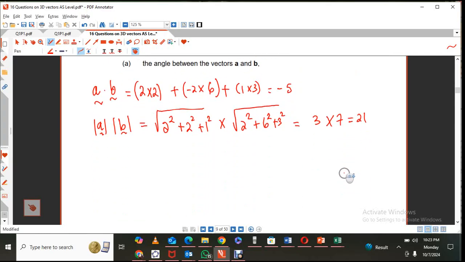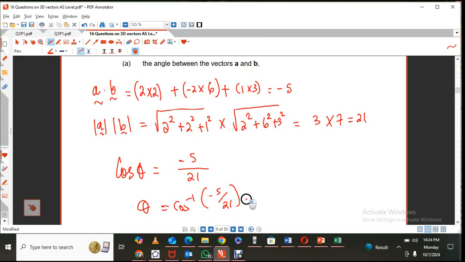Now we can actually calculate the angle between the two vectors. You will say cos theta will be negative 5 over 21. So you find the inverse cosine or arc cos, and you punch that into your calculator.